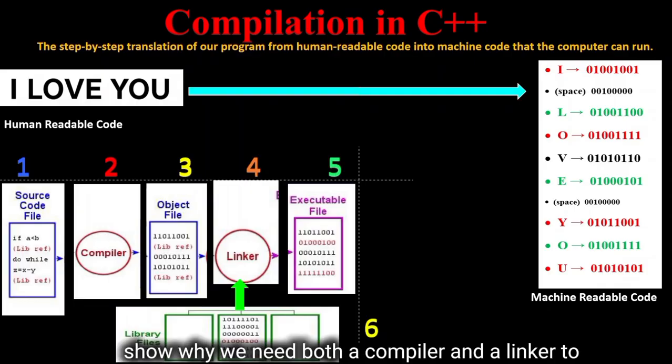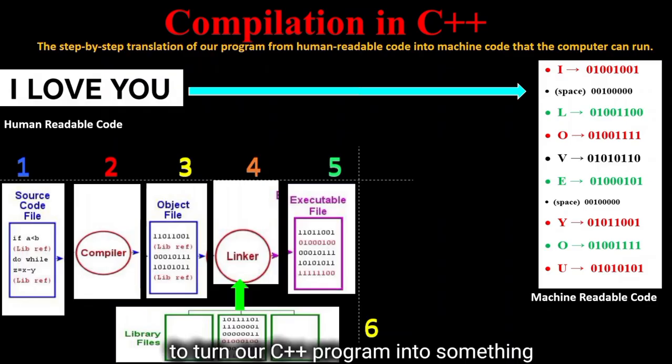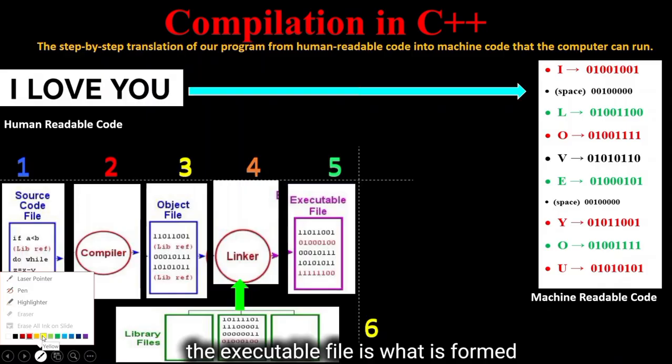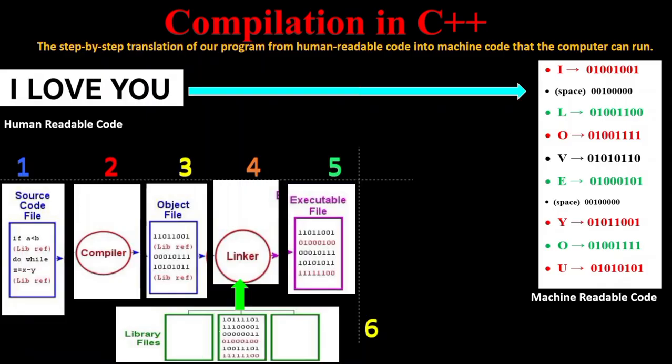This process shows why we need both a compiler and a linker to turn our C++ program into something the machine can actually execute. From this process, the executable file is formed, and we have a library.